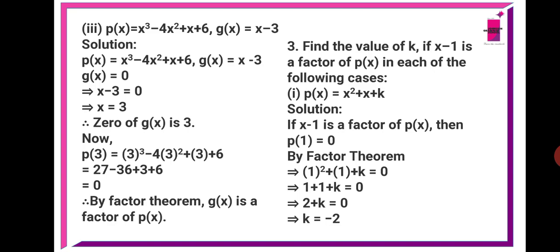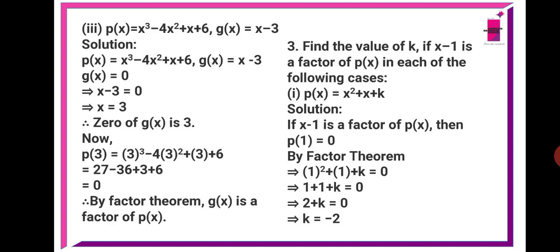Now find the value of k. These are all applications of the factor theorem. You are going to use the factor theorem to find the value of k if x minus 1 is a factor of p of x in each of the following cases. Now p of x equals x square plus x plus k. Since x minus 1 is a factor, p of 1 equals 0.